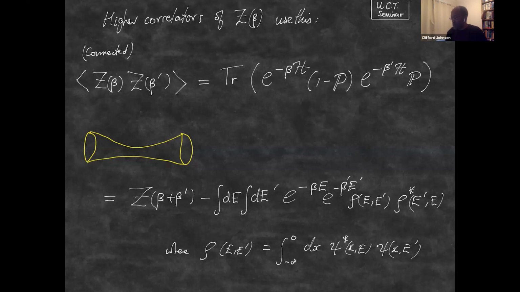I'll come back to this, I hope. Or if I don't come back to this formula precisely, just have in mind that this is the thing you would use to construct the connected contribution to the correlator of two partition functions. This is what you would need to construct the spectral density, the spectral form factor.